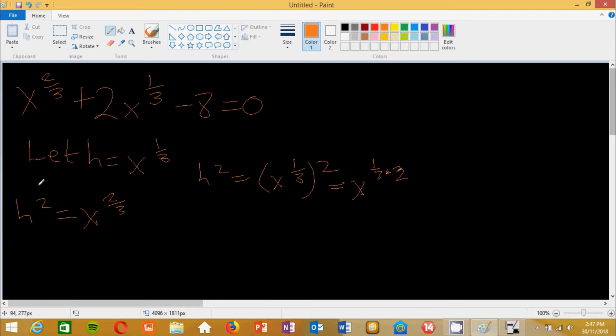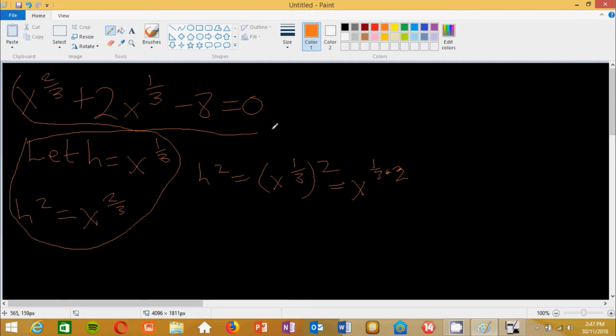So after having these two conversions, what are we going to do? We go to our original equation, and wherever we see x to the power 1 over 3, we're going to replace that with h, and wherever we see x to the power 2 over 3, we're going to replace that with h squared.